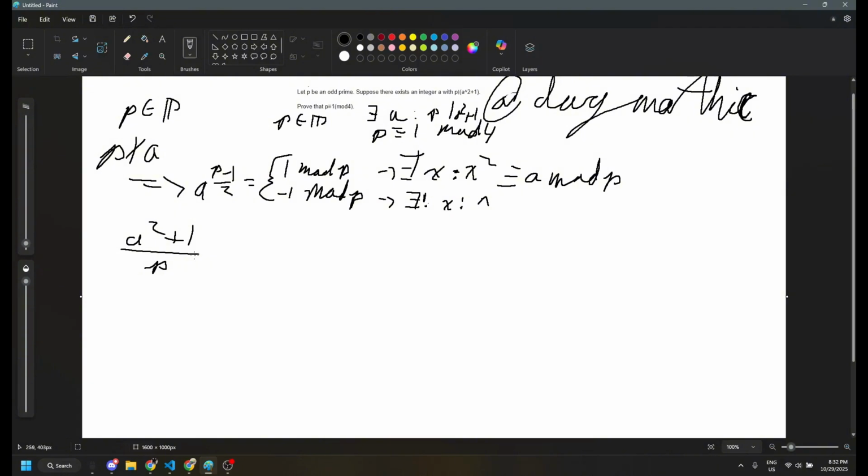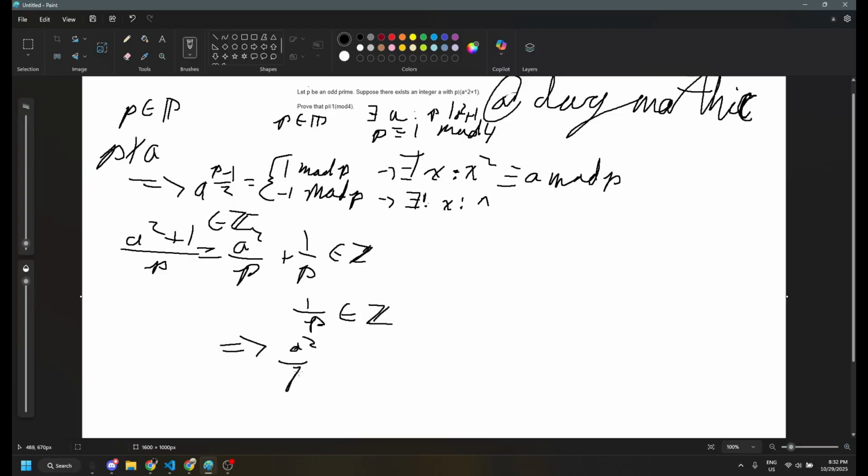we know that A squared over P plus 1 over P is an integer. We know that this is an integer, which means, and of course 1 over P is non-integer, which therefore means that A squared over P is non-integer.